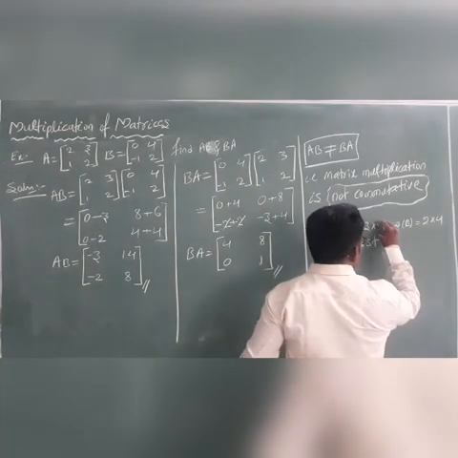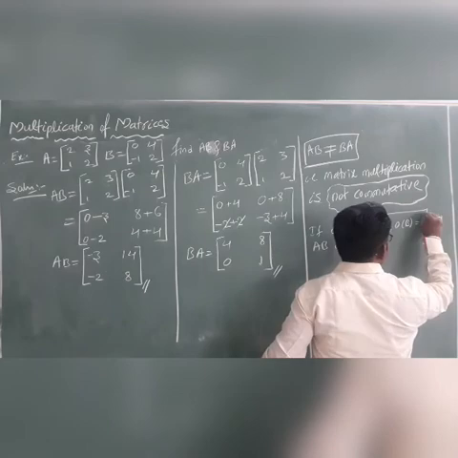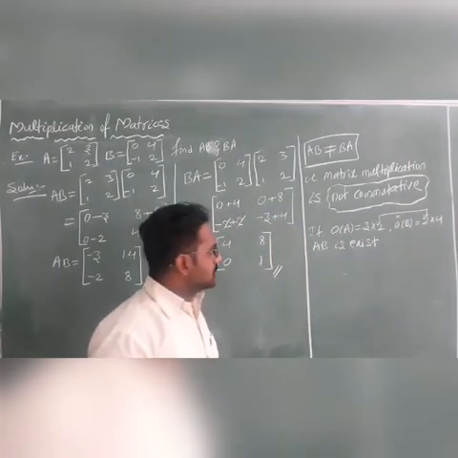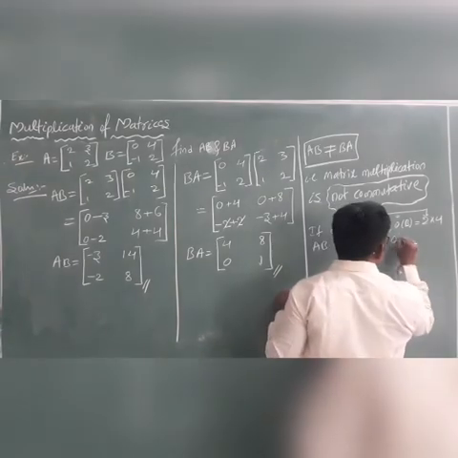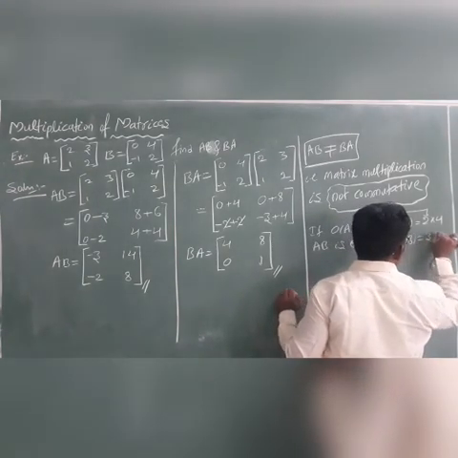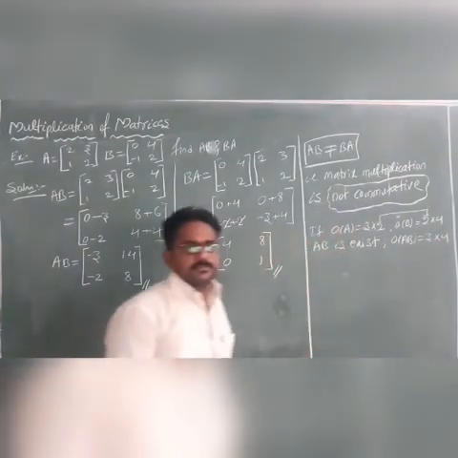The number of columns of matrix A equals the number of rows of matrix B. So what is the order of AB here? The order of AB is a 3 by 4 matrix.